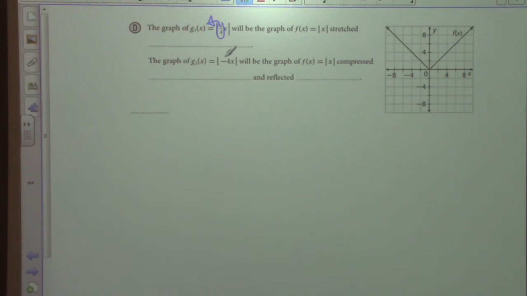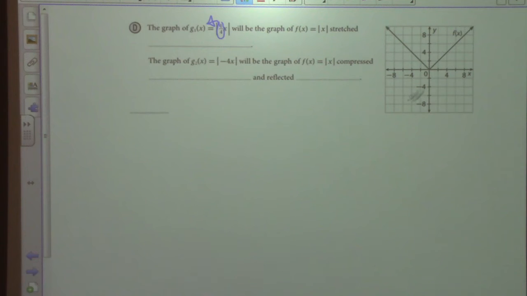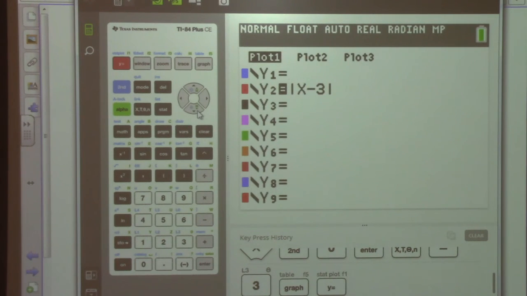But this one is different when you have the negative sign in here, because what does absolute value do? It makes everything positive. So when you actually graph this, is it going to be reflected? Put this in a calculator and see what you see. I don't think you're going to see it like this one here. So that's just something to watch out for. When you see a negative sign inside the bracket, just watch out for that.